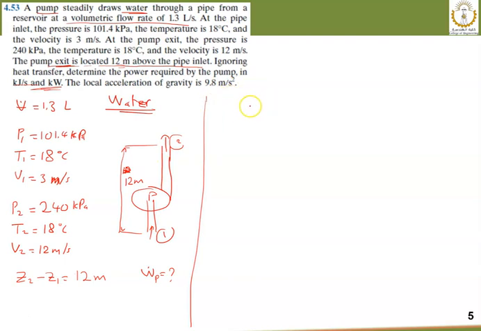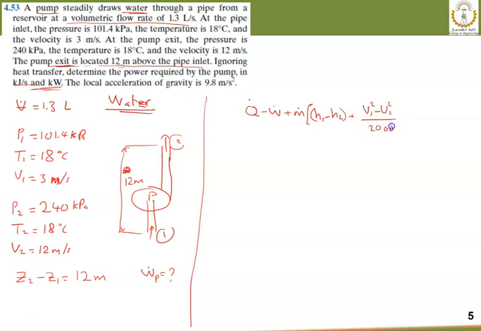So let's write the energy equation. You have Q dot minus W dot plus m dot. Again, this is one inlet, one outlet, so we can just use this form. So m dot times H1 minus H2 plus V1 squared minus V2 squared over 2.